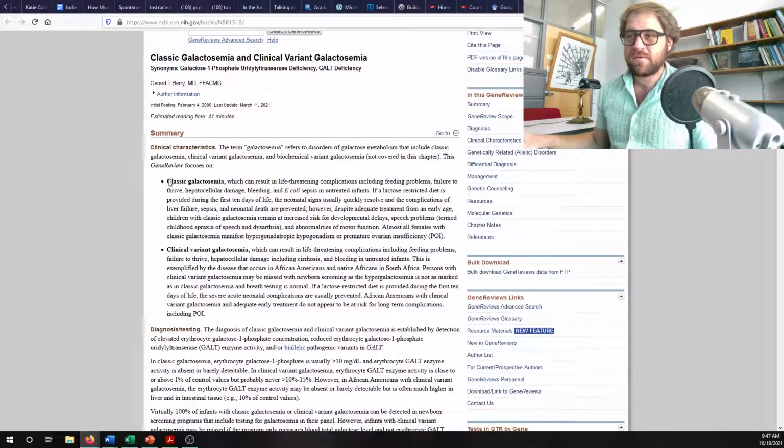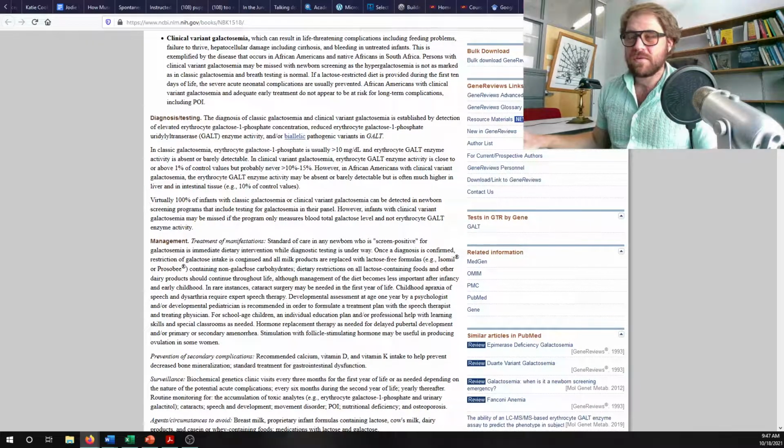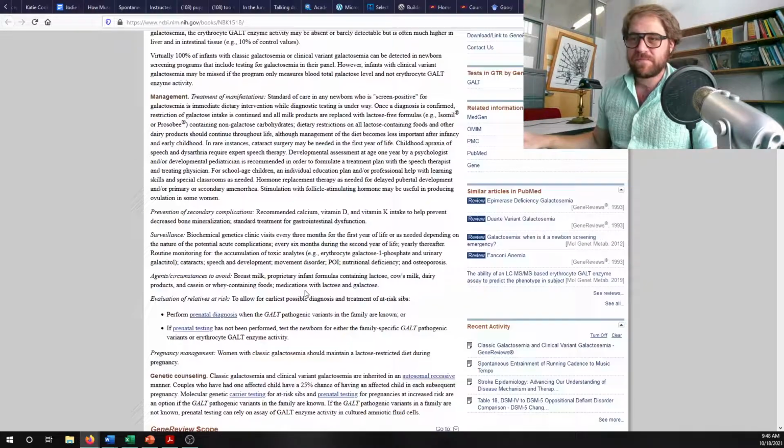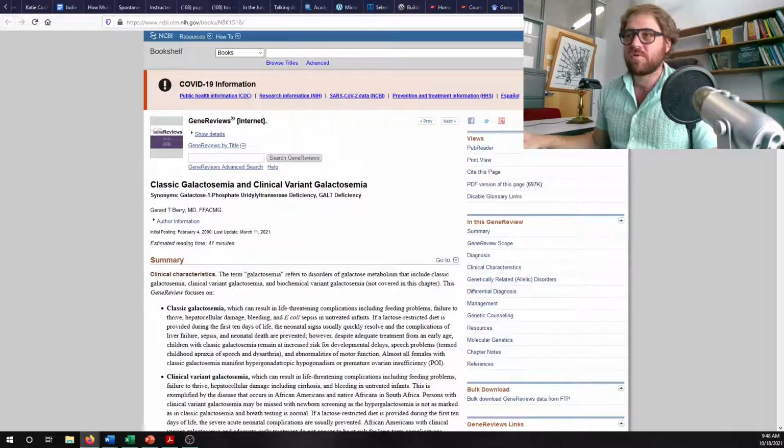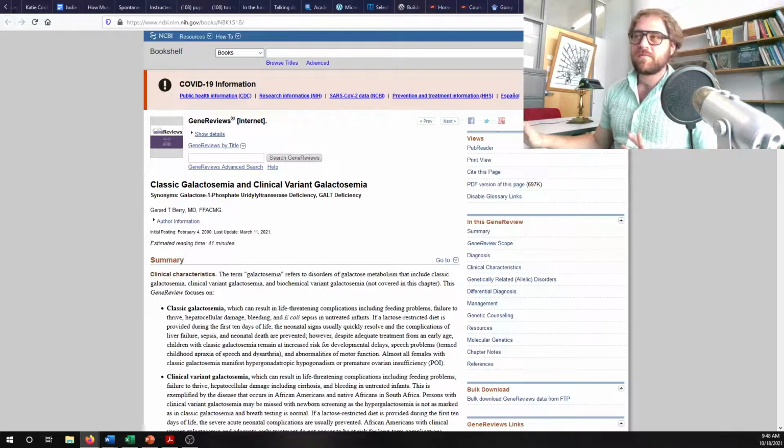It's going to tell you about classic galactosemia, clinical variant galactosemia, diagnosis, testing, management, all this stuff. So you can read this, you can cite it as a journal article. It's going to make your life a lot easier because you don't have to figure out how to cite just a web page from the NIH. It's an article.